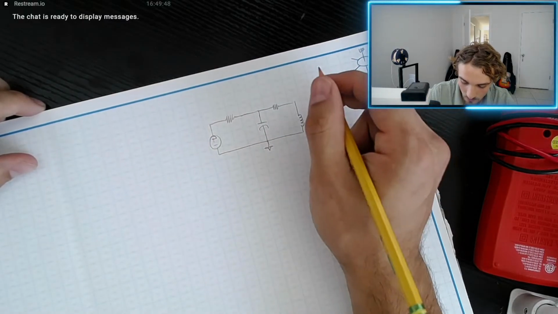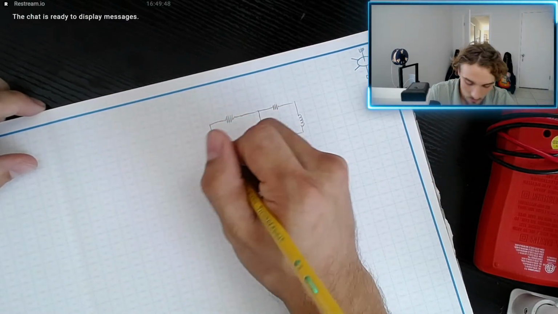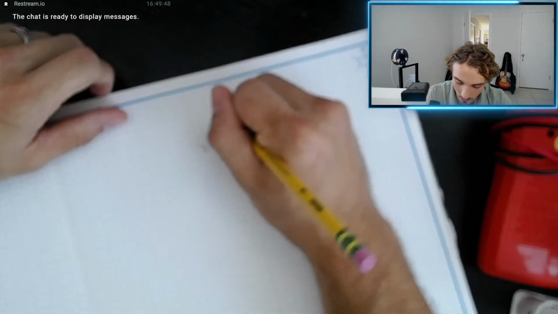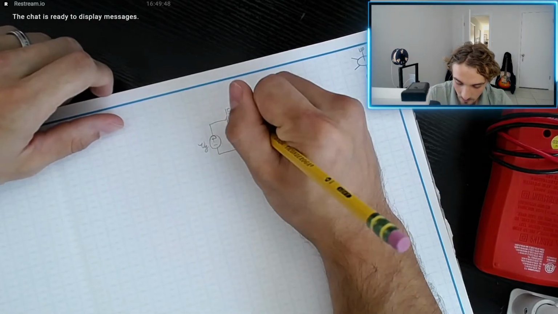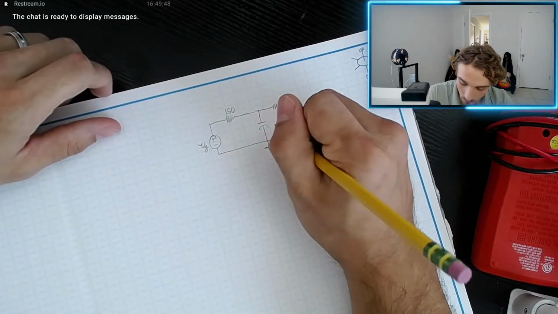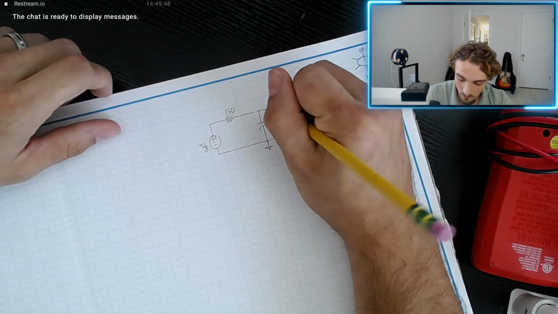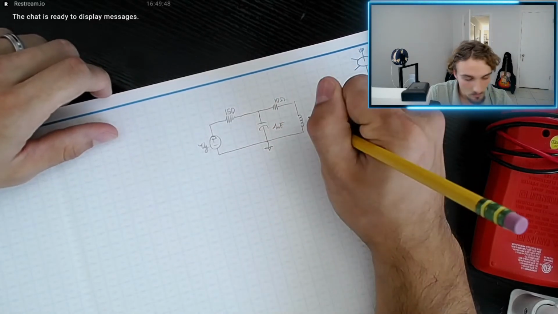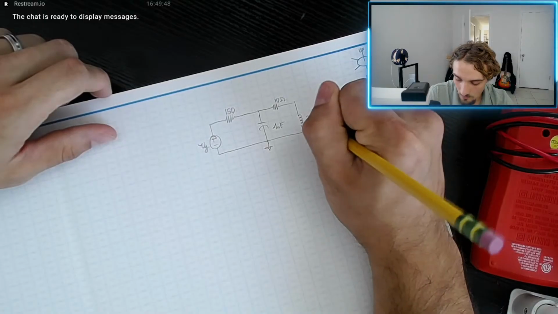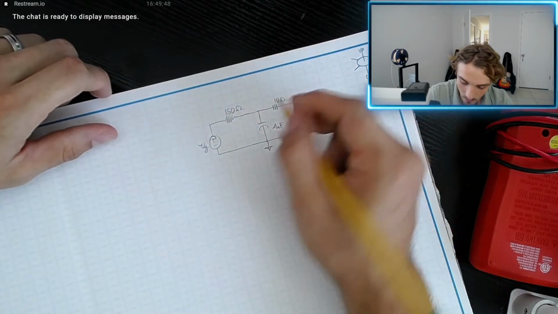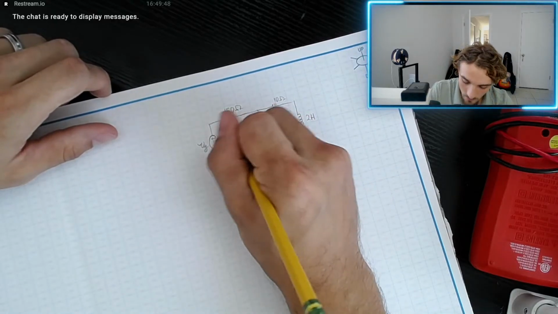That's our 0 volts, right? VG. All right, let's label, give some names and some values. 150 ohms, 4 millifarad, 10 ohms, and 2 Henry. So like that, millifarad. Okay. And this is I naught.